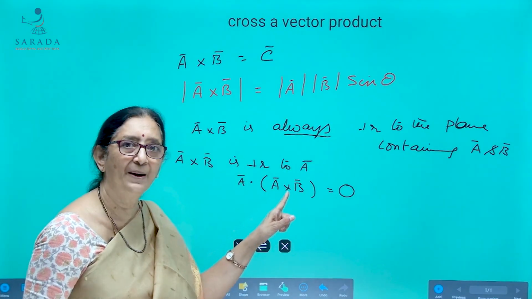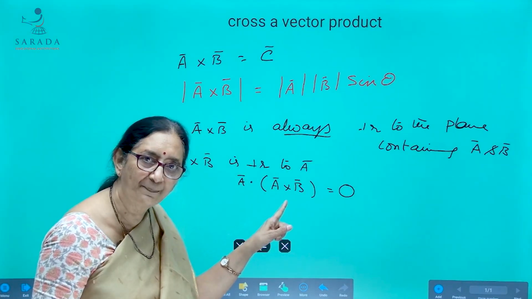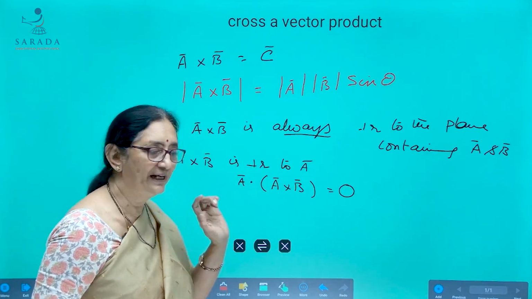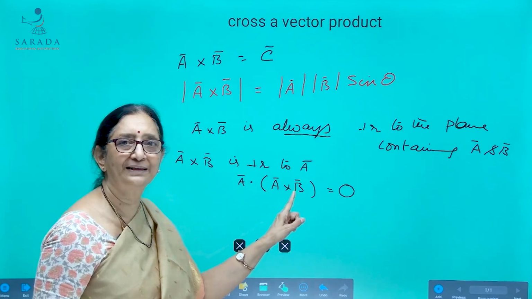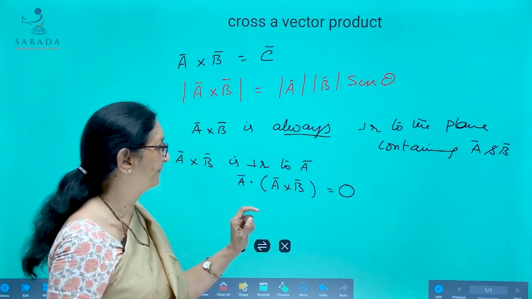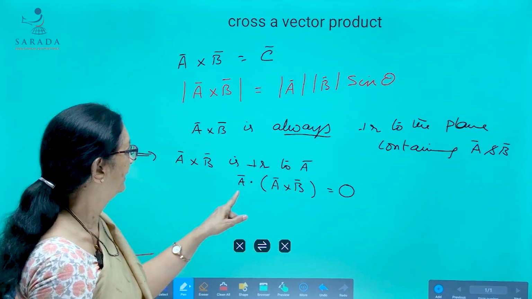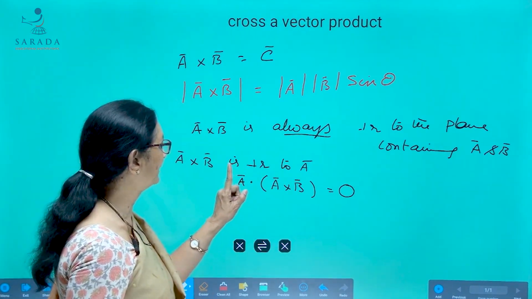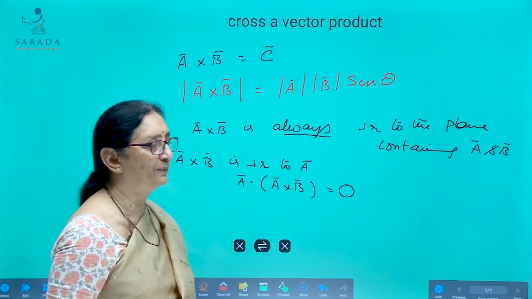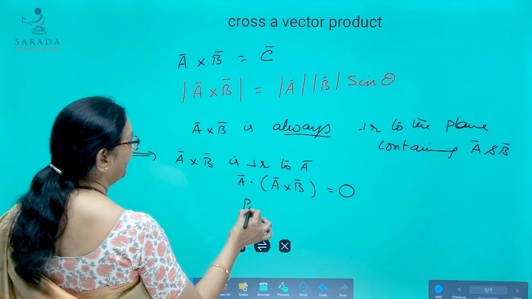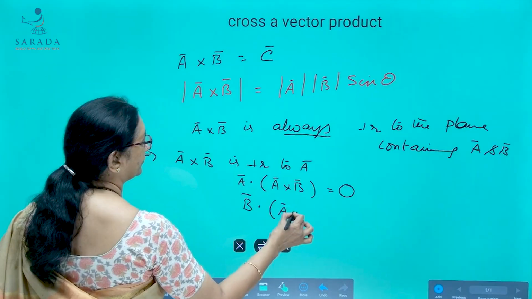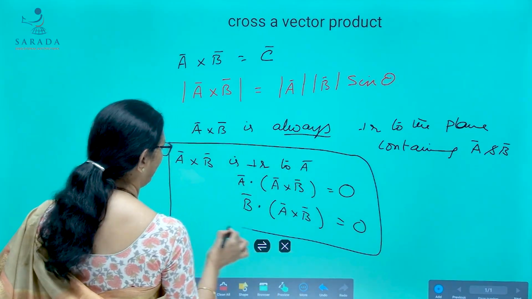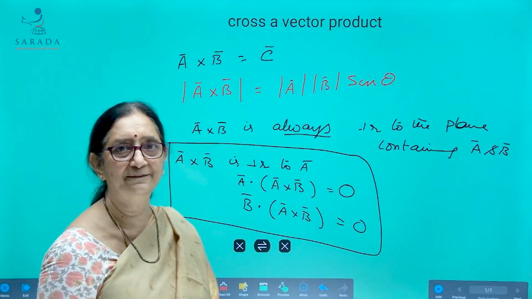A bar cross B bar gives a vector which is perpendicular to the plane containing A bar and B bar, meaning the cross product is perpendicular to both of them. Similarly, B bar dot A bar cross B bar is equal to 0. This is a very important point, given several times in objective questions.